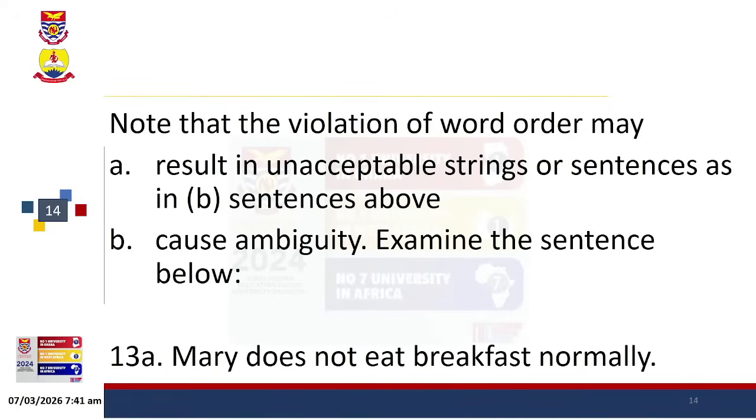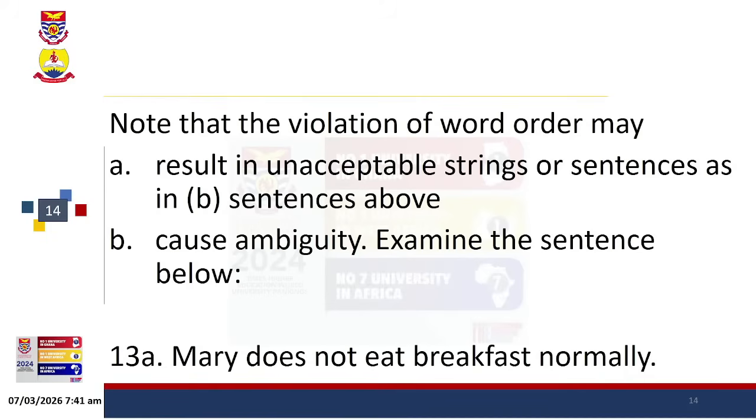one sentence. Now, if you look at sentence 13a, Mary does not eat breakfast normally. Normally, we'll take this sentence as without a problem. But Mary does not eat breakfast normally. What does it mean? Think about it. You are the English professors. Think about it.